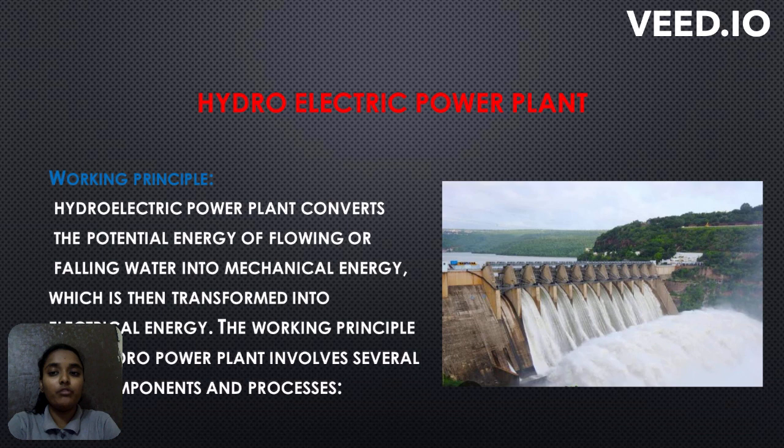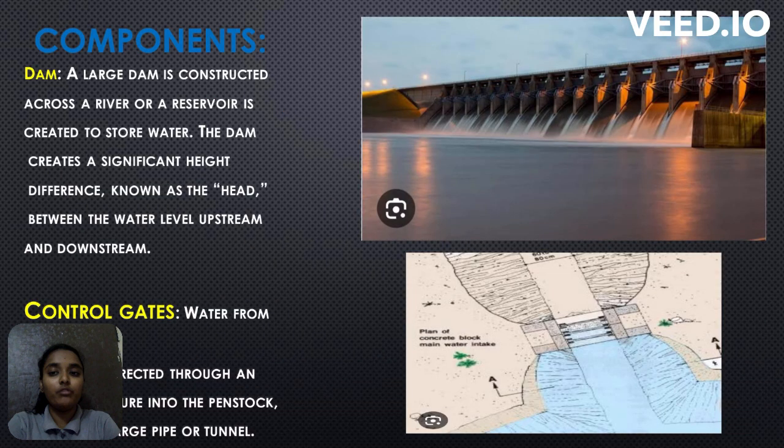The main key components of a hydroelectric power plant are the dam. A large dam is constructed across a river, or a reservoir is created to store water. The dam creates a significant height difference, known as the head, between the water level upstream and downstream.